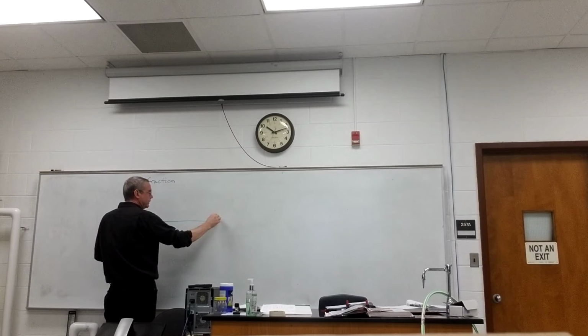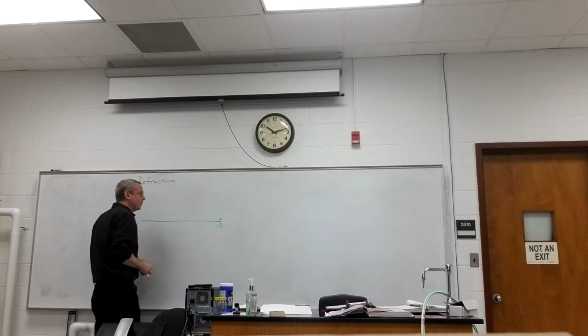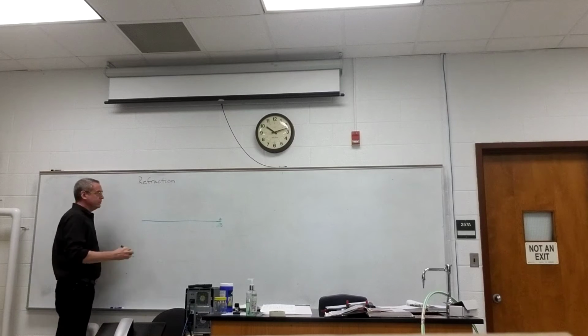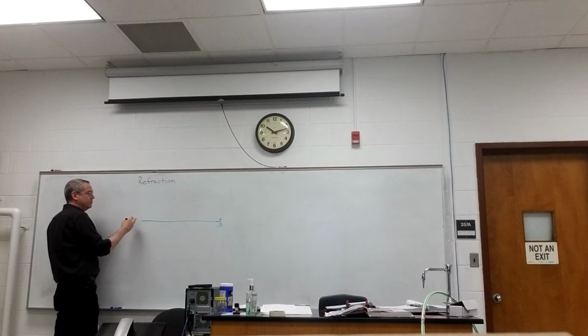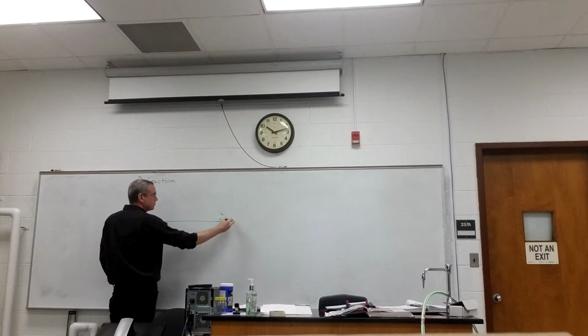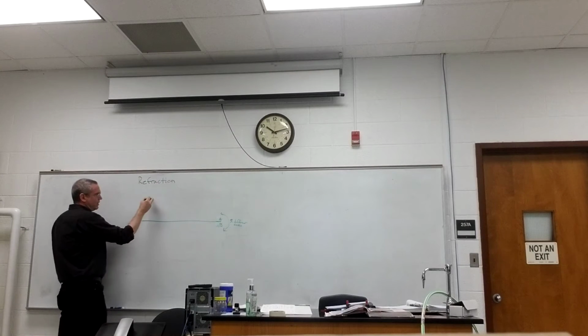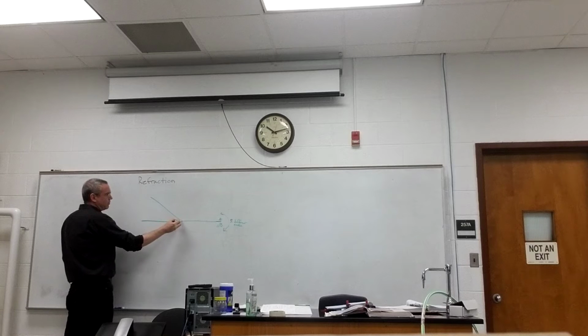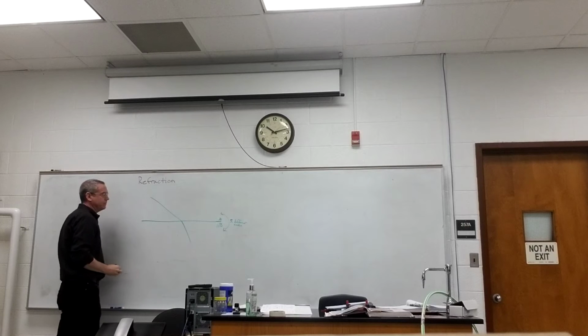So we'll call this 1 and 2, or probably easier, A and B. These are two different media. You can think of this as air and glass if you want to. As light's coming in, it's going to hit the boundary here and it's not going to go in a straight line, but it will do something like that.